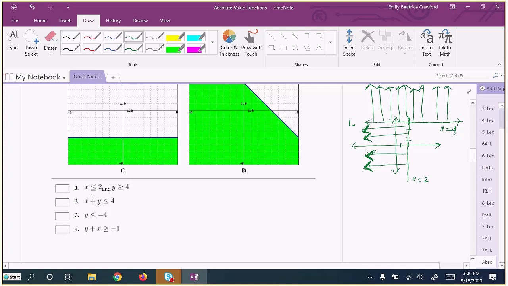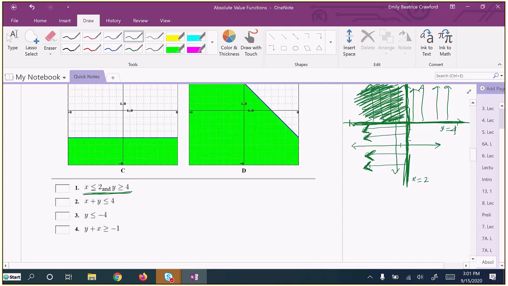Because these things are associated with each other by "and," we are looking for the region where we have both-sided arrows. We have the left side of the line x equal to 2 and the upper half of the line y equal to 4, which is precisely, if you think of this line and extend it, the line x equal to 2, and this is the line y equal to 4, then that will be the region where both arrows, the left of the line and the upward direction of the line, are going to fall.